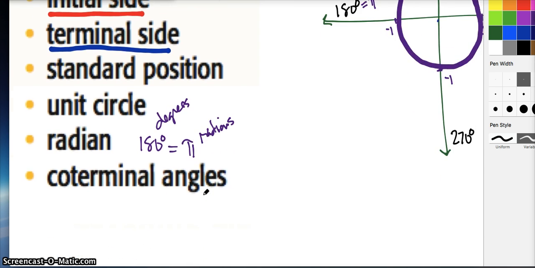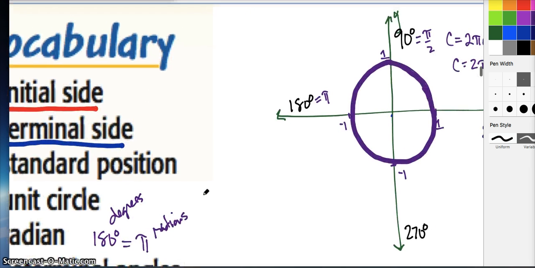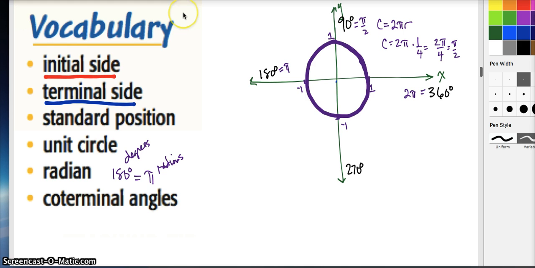And finally, coterminal angles. I'm going to show you exactly what a coterminal angle is. If I start off with an angle right here, and my initial ray is in green, and my terminal ray will be in blue, I could say that this angle is 135 degrees.